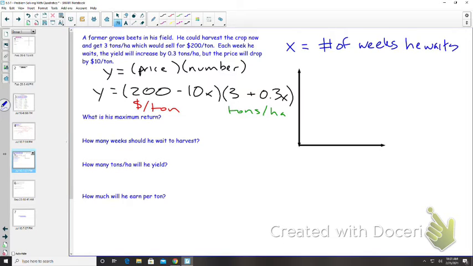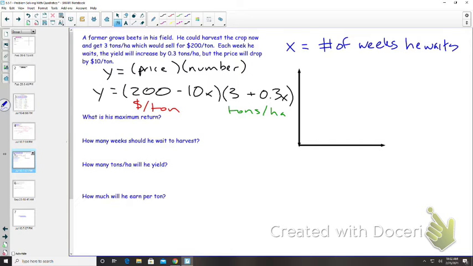So when we're setting up these problems, it's important to understand what is going on. X is the number of weeks he waits. This is our price here in dollars per ton for our units, and this is our rate of change for the yield. Okay, so let's graph this.